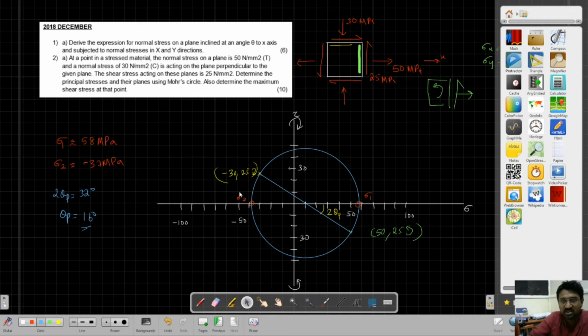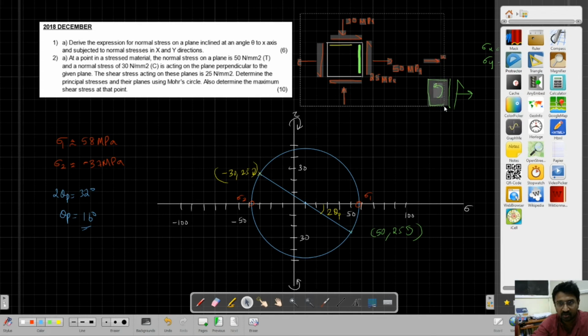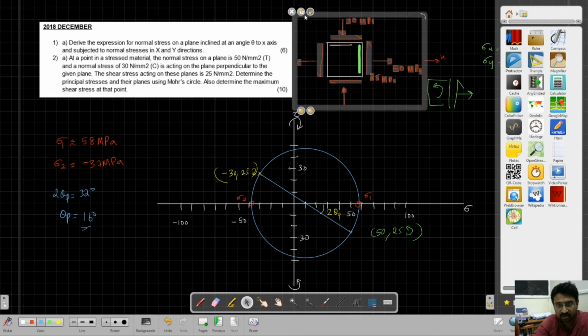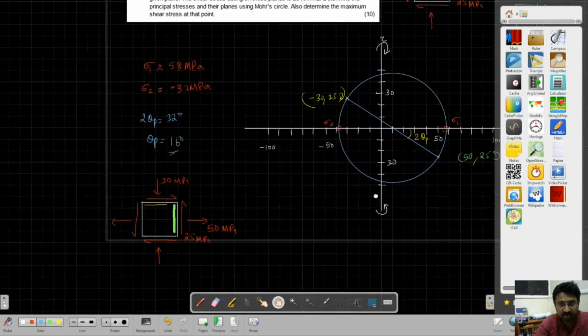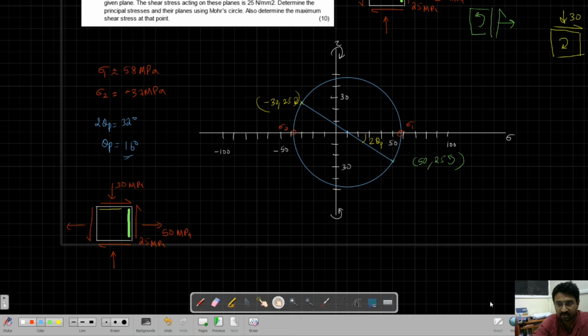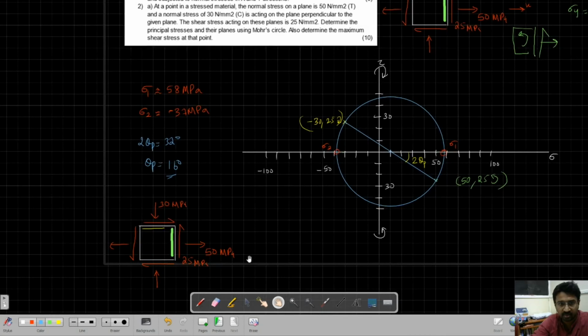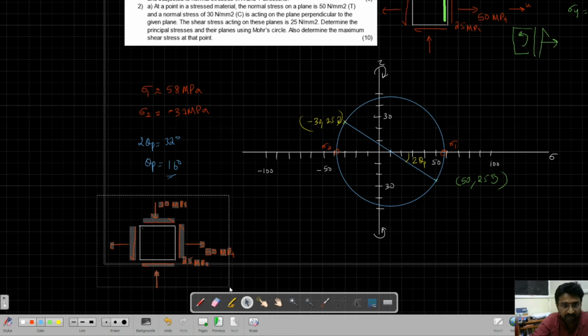So let's say this is my plane. Let me take this out, copy this, and hide this. I will erase some portion here. Now we are going in the counterclockwise direction, so we have to rotate the block also in the counterclockwise direction.